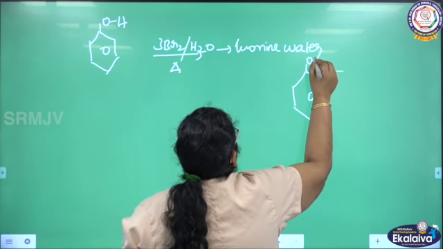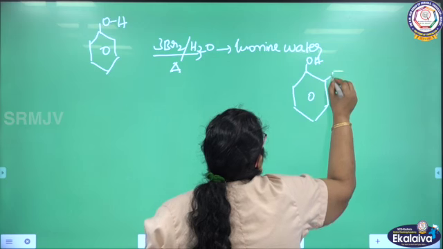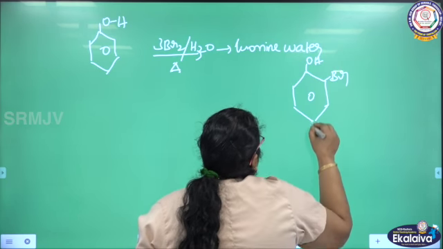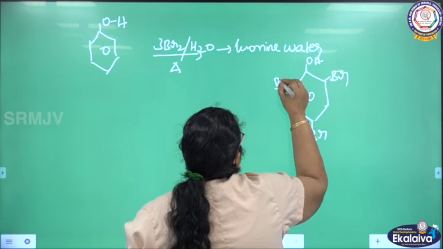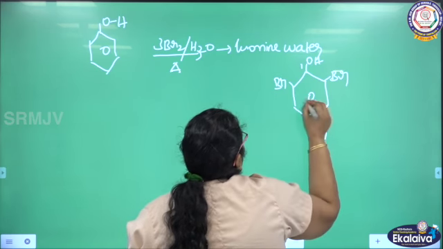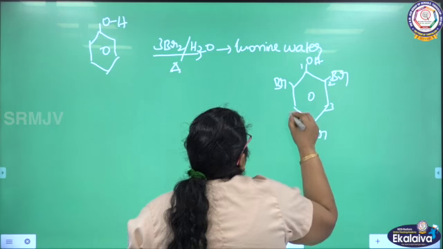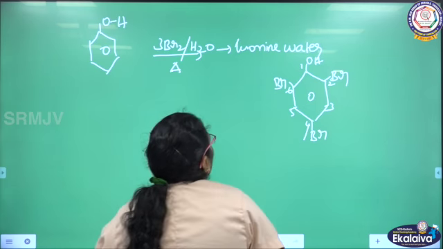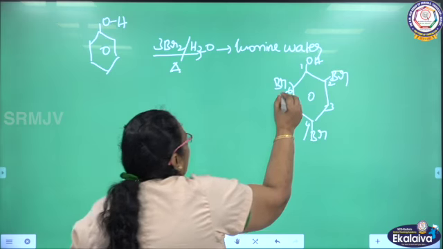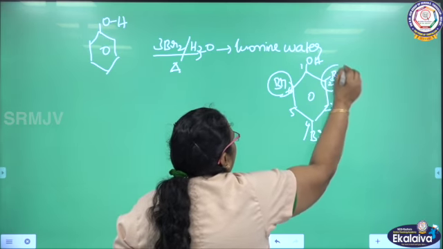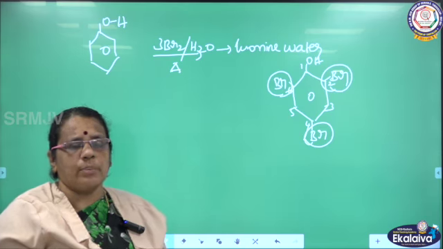You see the substitutions taking place at second carbon, fourth carbon as well as sixth carbon. Listen here, first carbon, second carbon, third carbon, fourth carbon, fifth carbon, sixth carbon. See the substitutions. There are substitutions at the second carbon, fourth carbon as well as sixth carbon.